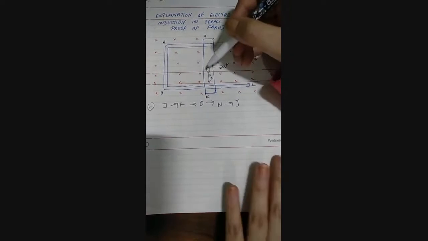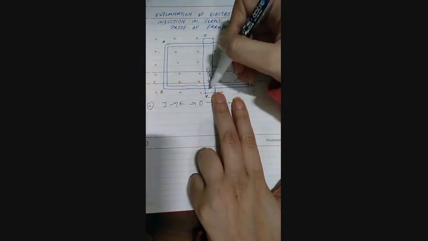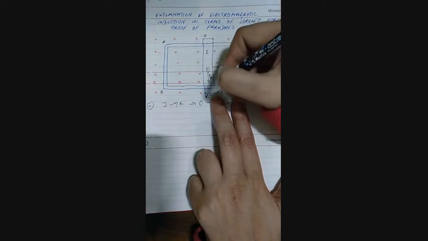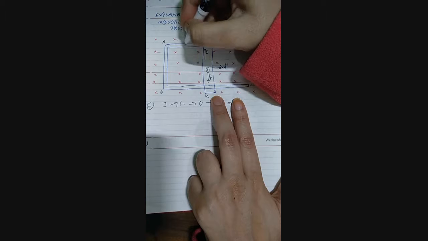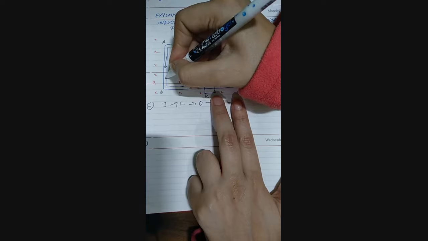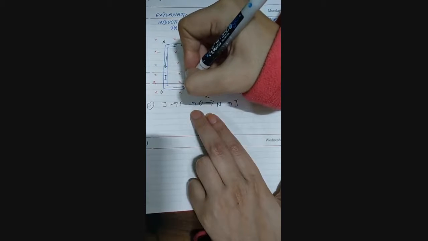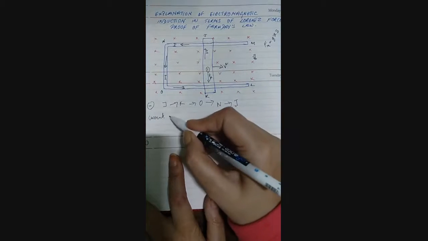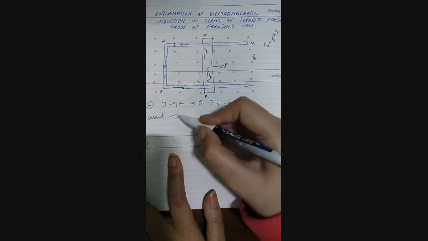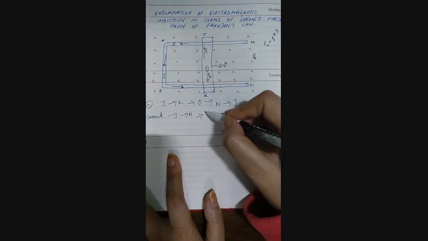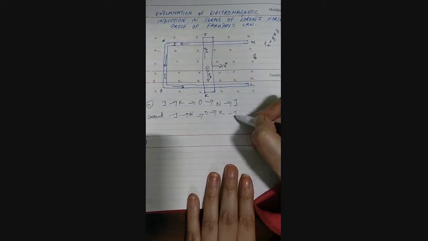So the direction of the electrons is from J to K, whereas the current will move from K to J, like this, and then from J to N. This is the direction of current I. So the current will move in this particular path: from J to N, to O, to K. This is the direction of current.